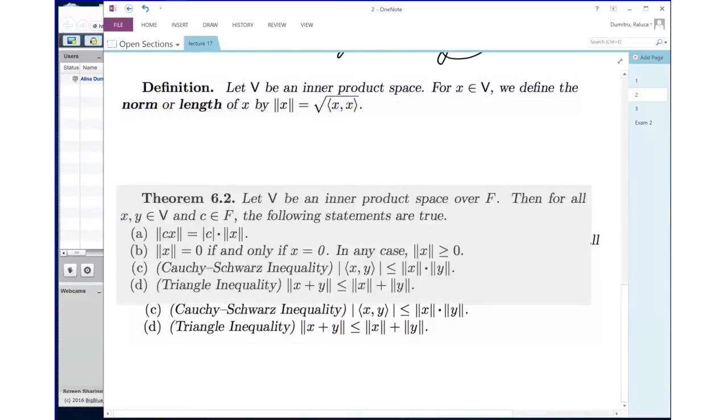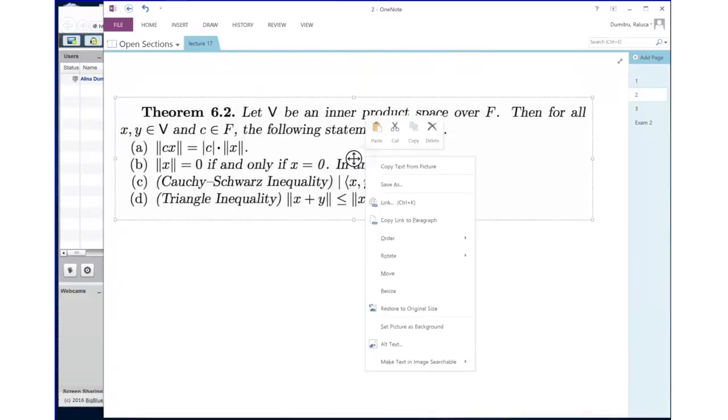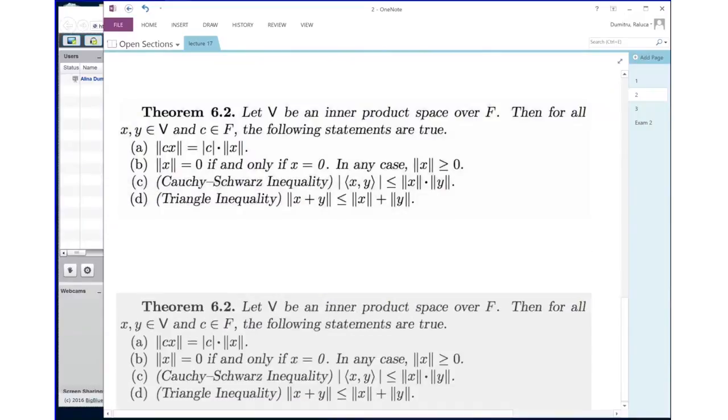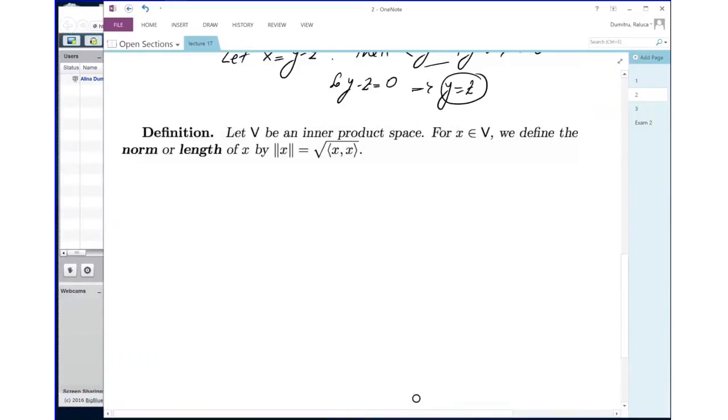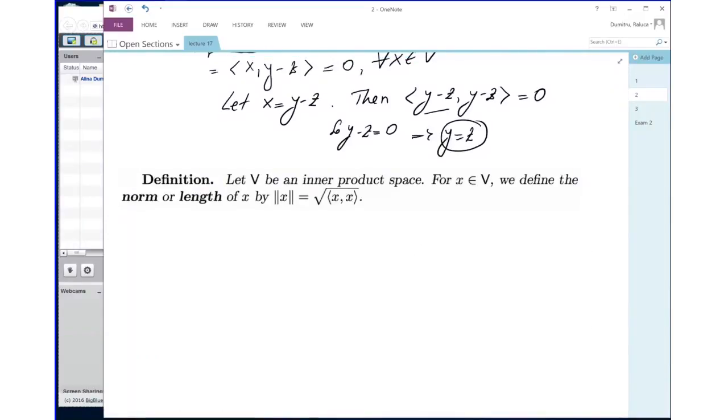Now the inner product is used in general to introduce the notion of a norm on a vector space equipped with an inner product, so an inner product space. So V is an inner product space.